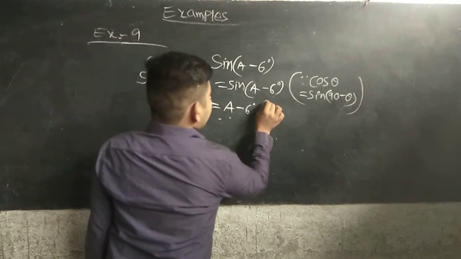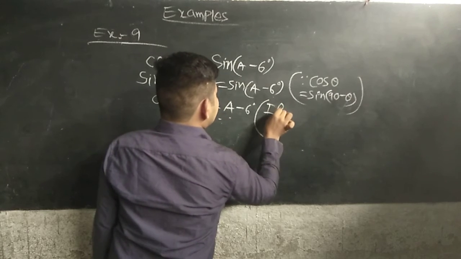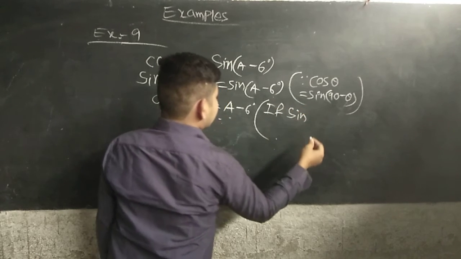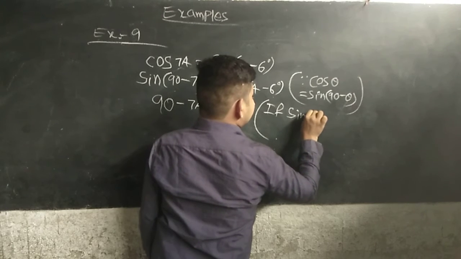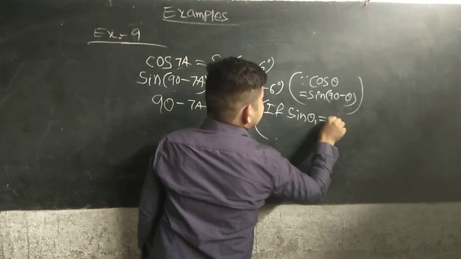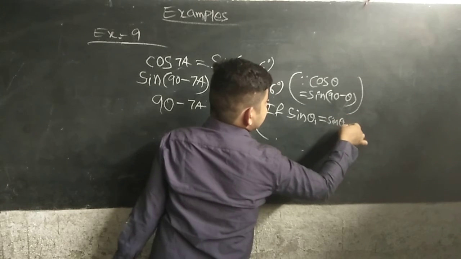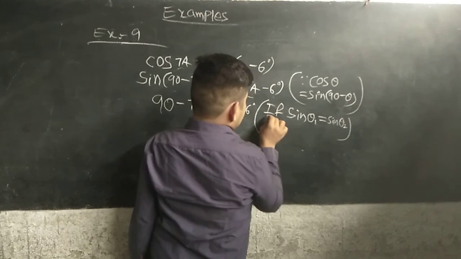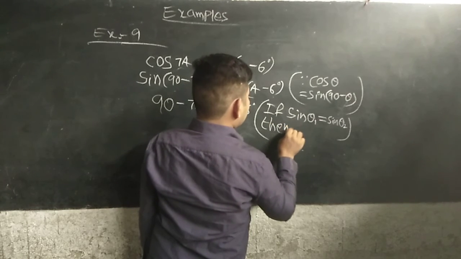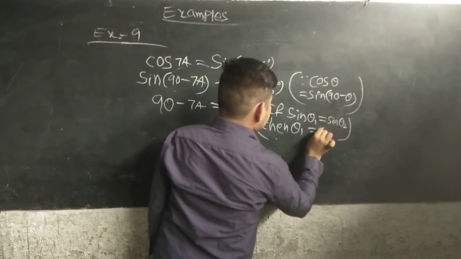What do I write here? If sin theta 1 equal to sin theta 2, then theta 1 equal to theta 2.